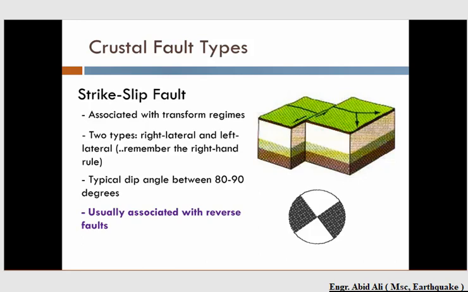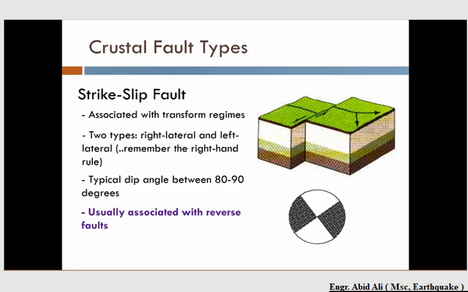So this particular fault that we are showing right here, where you see these arrows indicated, would this be a right lateral or a left lateral strike slip fault? That's right, it would be a left lateral.